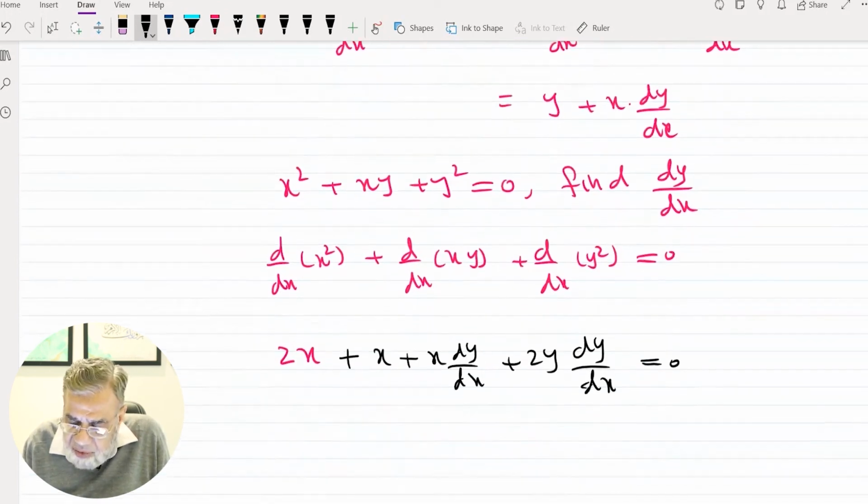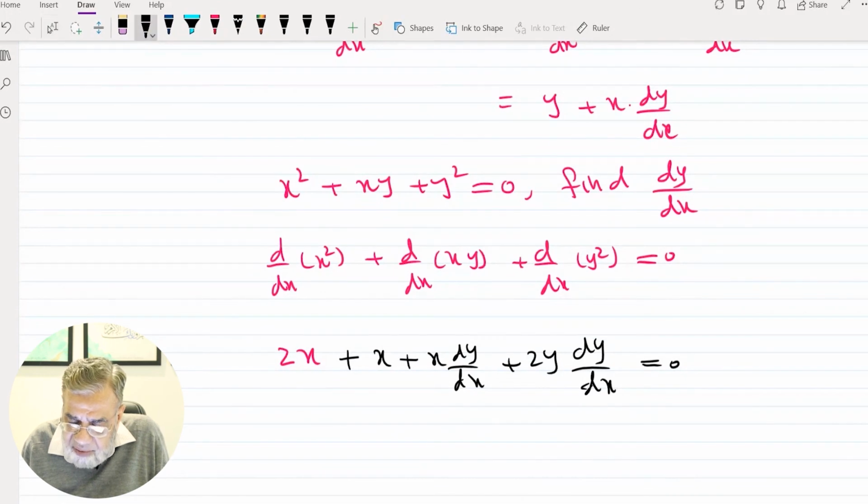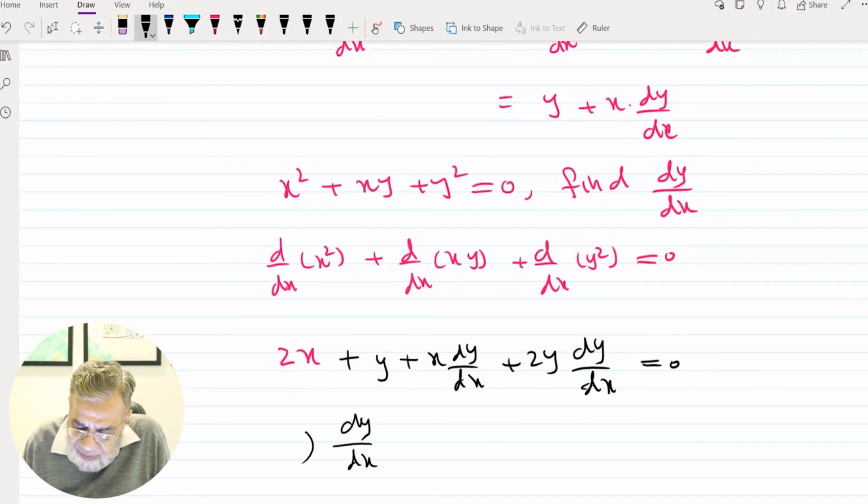We take the terms with dy by dx together, and the other terms we take to the other side. We take dy by dx common, and inside I'll get x plus 2y.